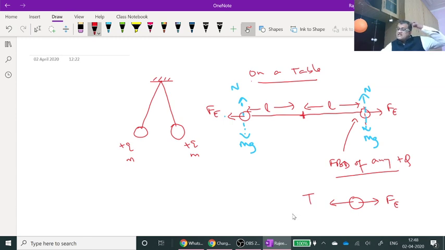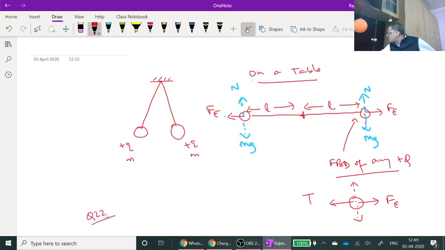If this charge remains at rest, there are these two also, but considering the forces along the horizontal direction, T is balancing Fe.